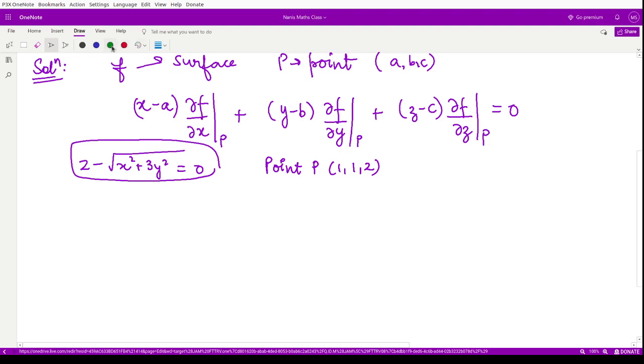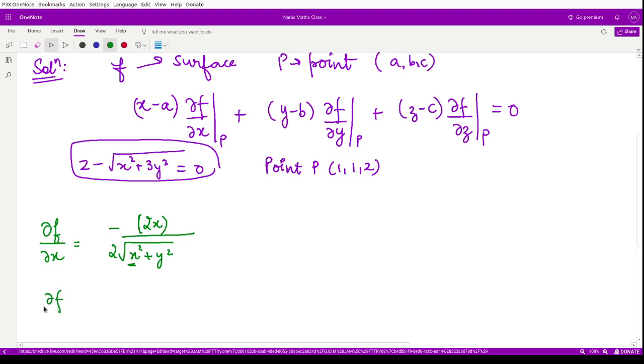When you calculate the partial derivative with respect to x of this given surface, it would be minus 1 divided by 2 square root of x square plus 3y square, and then you have the derivative of x square using the chain rule. Here we are considering y to be a constant quantity, right?